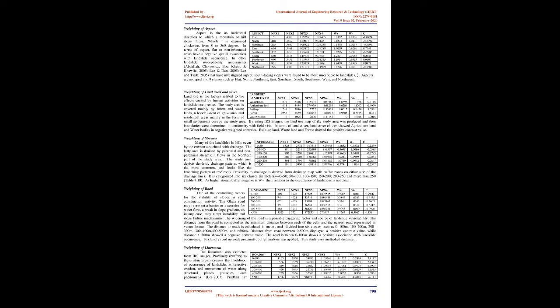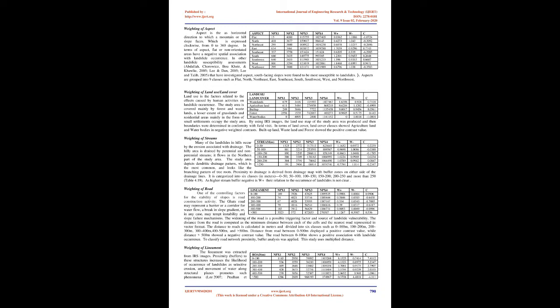Aspect is the horizontal direction to which a mountain or hill slope faces, expressed clockwise from 0 to 360 degrees. In terms of aspect, flat or non-oriented areas have a negative spatial association with landslide occurrence.